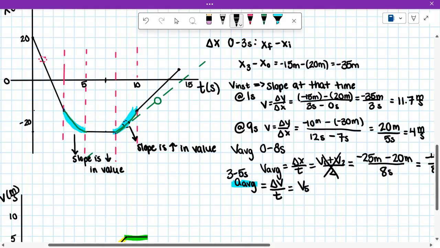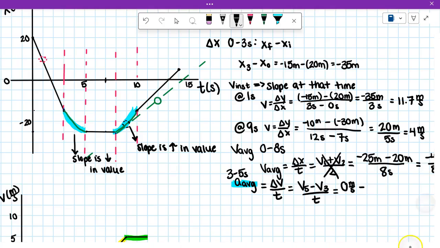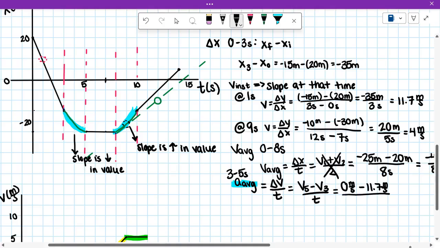So the velocity at 5 seconds minus the velocity at 3 seconds over the time. Okay. The velocity at 5 seconds, right just after 5 seconds, is 0 because my slope is 0. And the velocity at 3 seconds is the same as the velocity at 1 second, which I already calculated. So I'm going to call it 11.7 meters per second, over a time of 2 seconds.